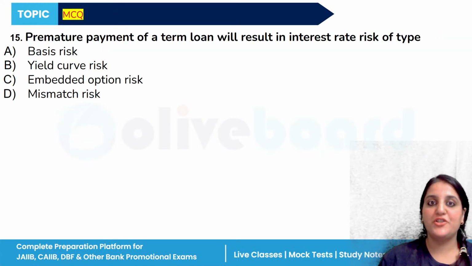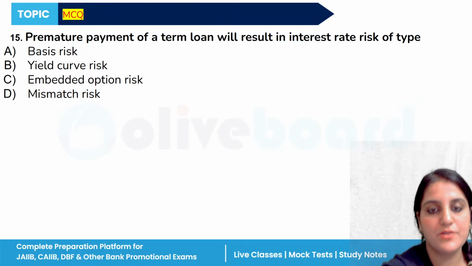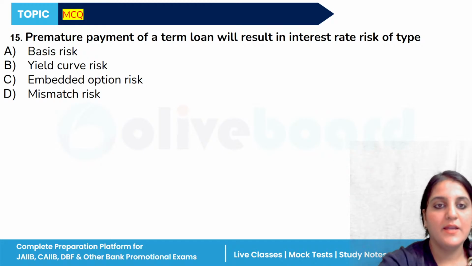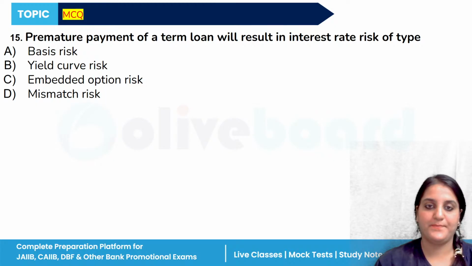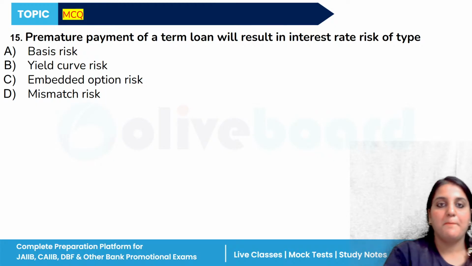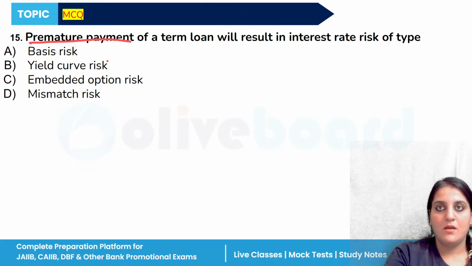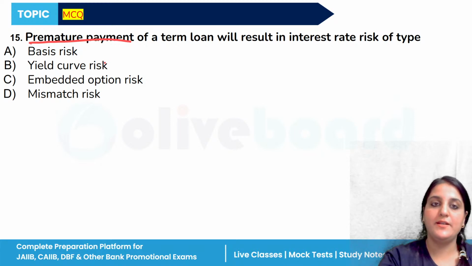Now, premature payment of a term loan will result in interest rate risk of type basis risk, yield curve risk, embedded option risk, or mismatch risk. Premature payment means paying off the loan before its scheduled maturity date.